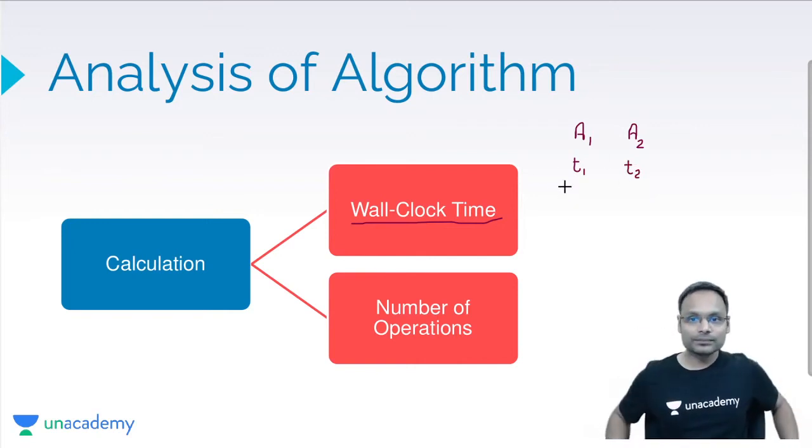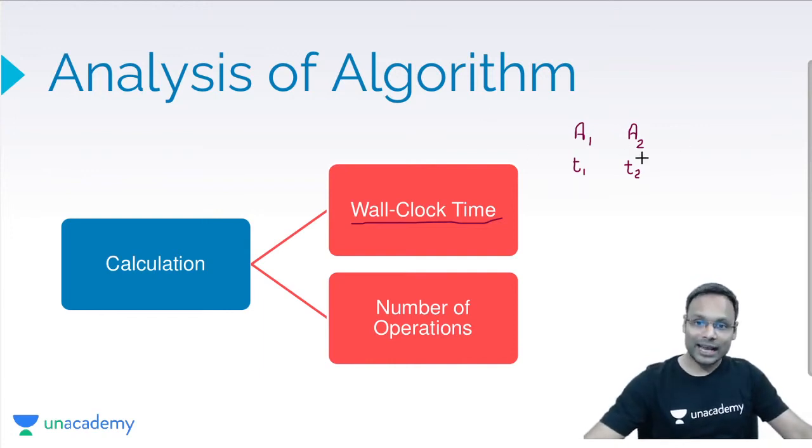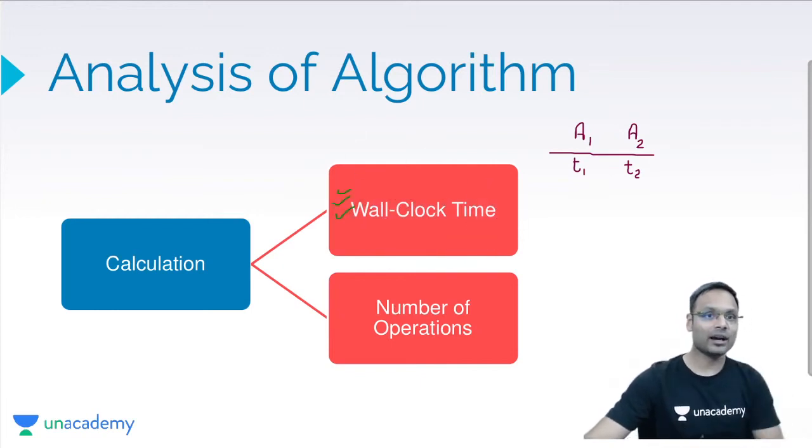It is better, right? But this wall clock time has a big problem. This faces lots of external issues. अब वो external issues है क्या? Somebody can tell me what are the external issues which affect this wall clock time comparison?